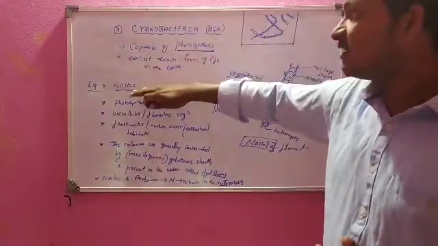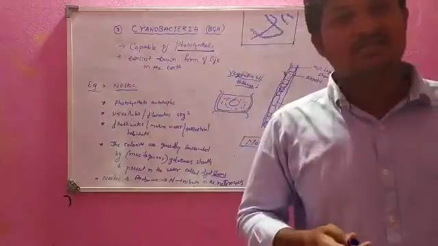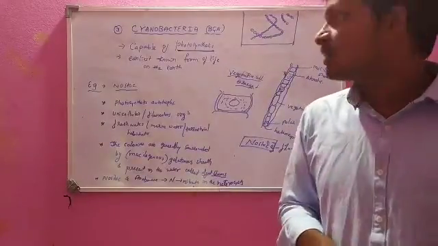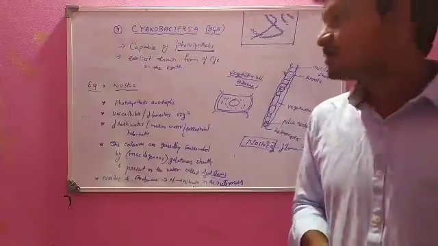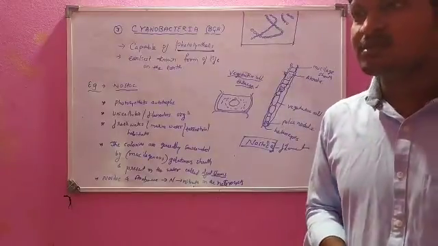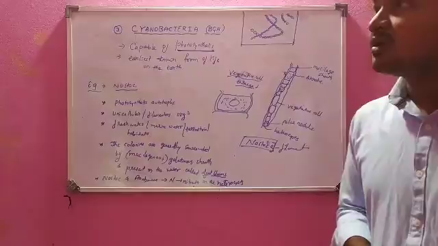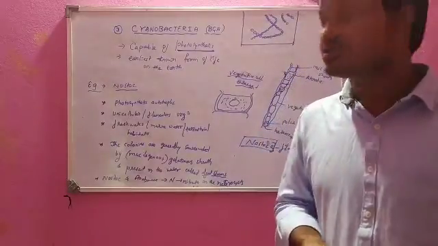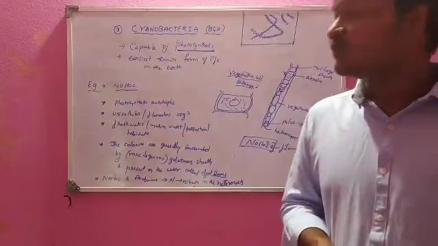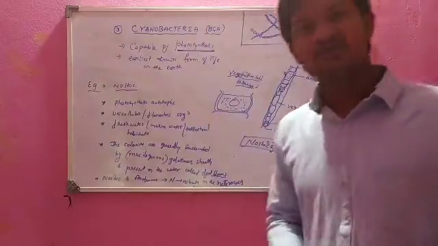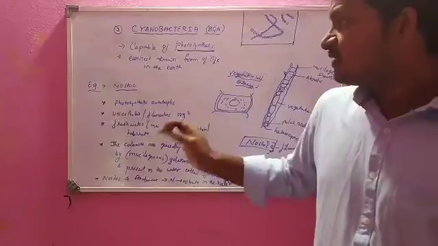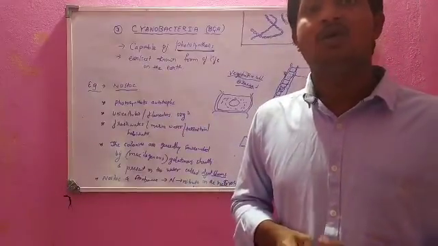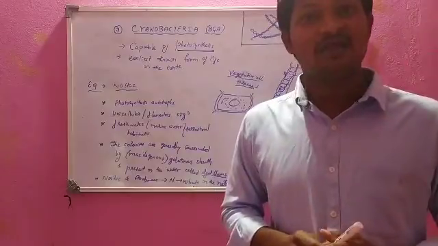Under cyanobacteria, we can see different examples, that is Nostoc, Anabaena, blue-green algae, and also bacteria like Azotobacter, Rhizobium. Let us see what is the use of these bacteria. These bacteria fix atmospheric nitrogen.